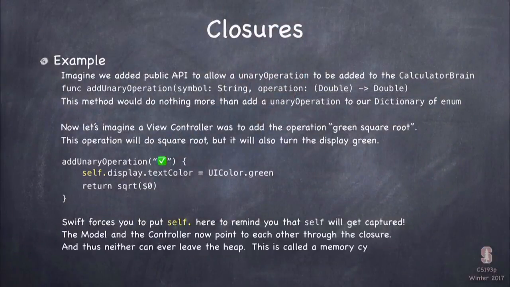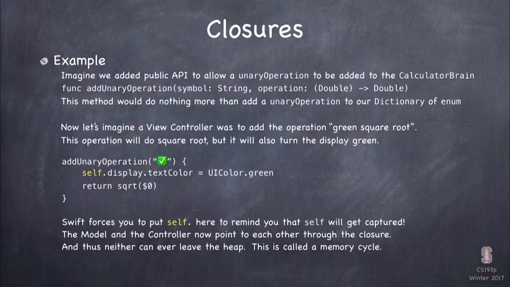It's going to say you have to explicitly say self dot there, because it wants you to understand that you are capturing a strong pointer to yourself in this closure.